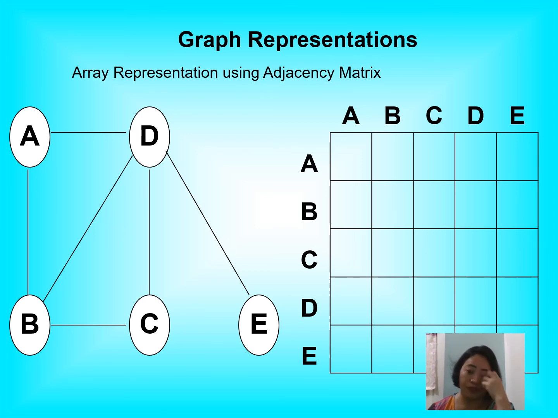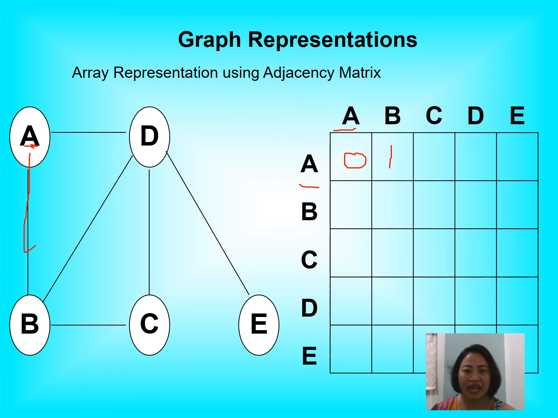Okay, so from A to A, do we have an edge from A to A? None. So that will be 0. From A to B, it has an edge? Yes. So that will be 1.